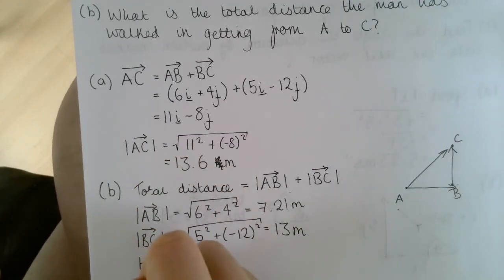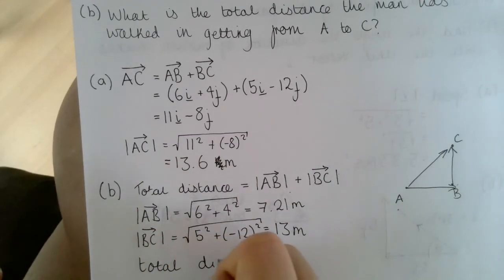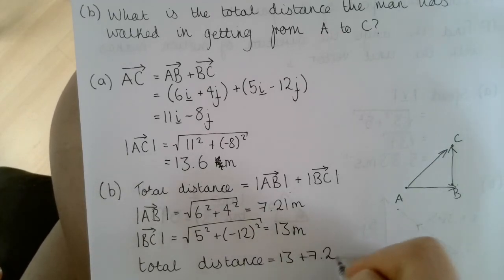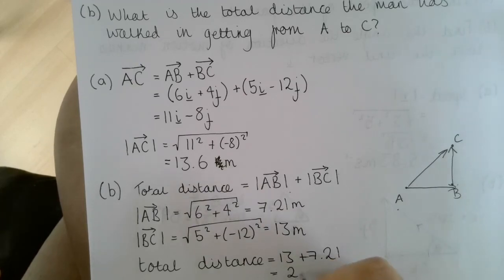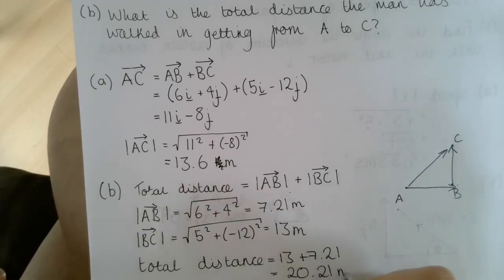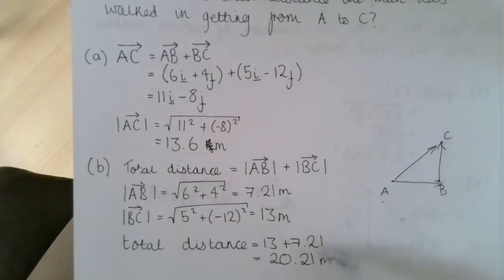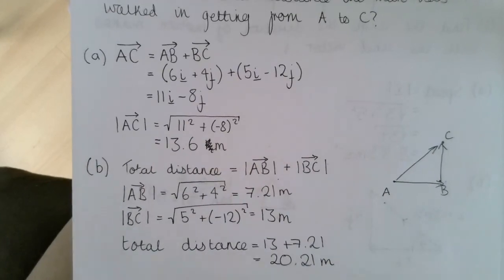So our total distance is equal to 13 plus 7.21, which is 20.21 metres. Now this answer seems correct because our total distance is greater than our total displacement, which should be the case.